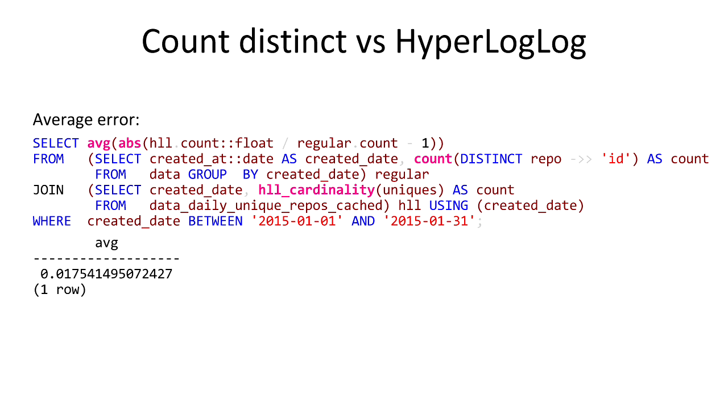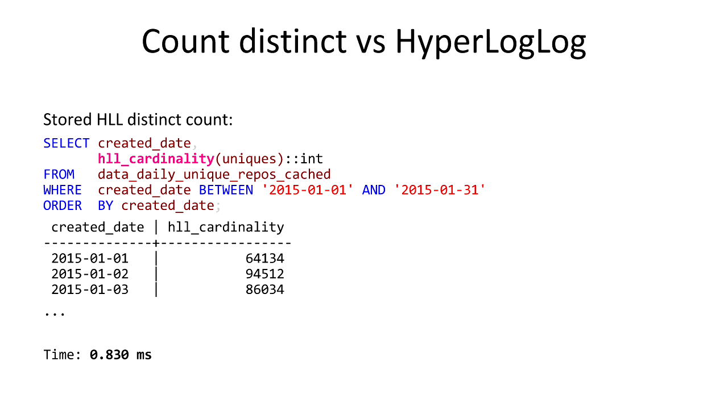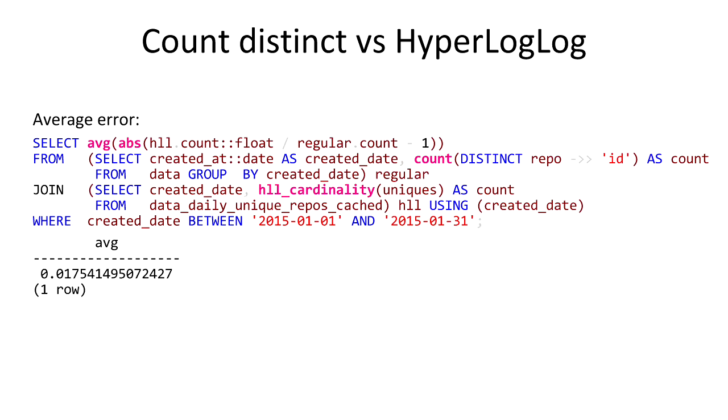And it's about 1.8% here. So on average, the values are going to be 1.8% off, some a bit more. Like this one, the 1st of January was off a bit more, while the other ones are quite close. So it depends a bit. Sometimes you can see some larger errors.